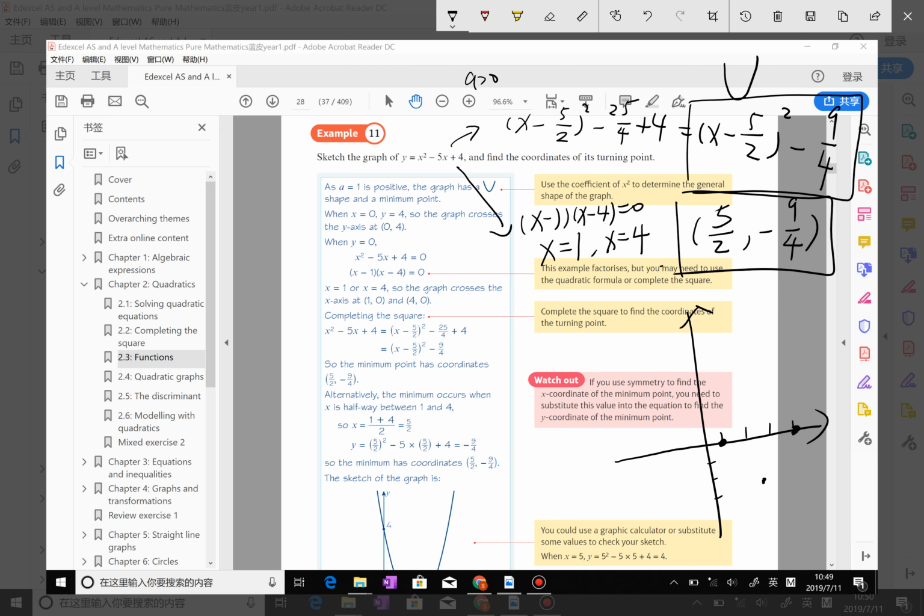Okay, so for the intersection of the curve with the y-axis, we can take x equals 0, and we get the intersection point on the y-axis, y equals 4. So it intercepts the y-axis at y equals 4. So the whole function is going to be like this. Okay, it's symmetrical.